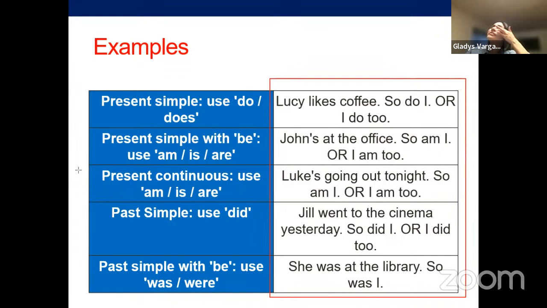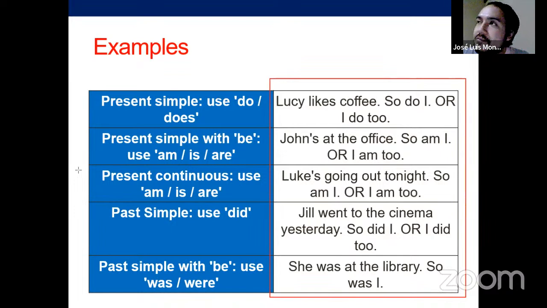So do I. Good. And the second option? I do too. Perfect. I always go. Go is a verb. You don't see auxiliaries. It's present, so do or does. And with I, do. Okay, good. I do too, so do I.